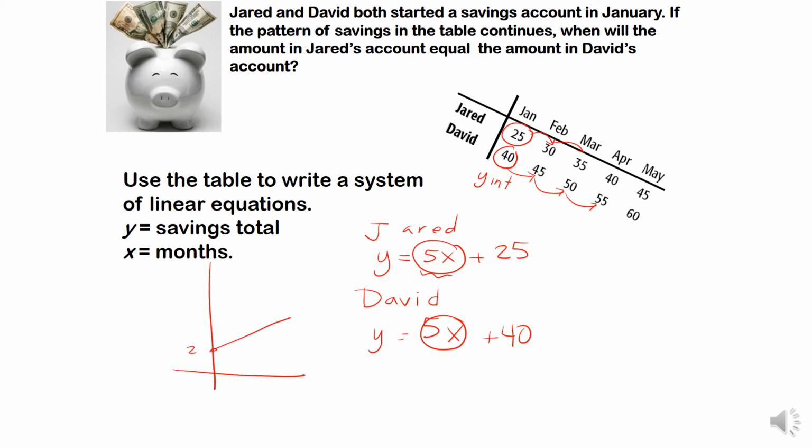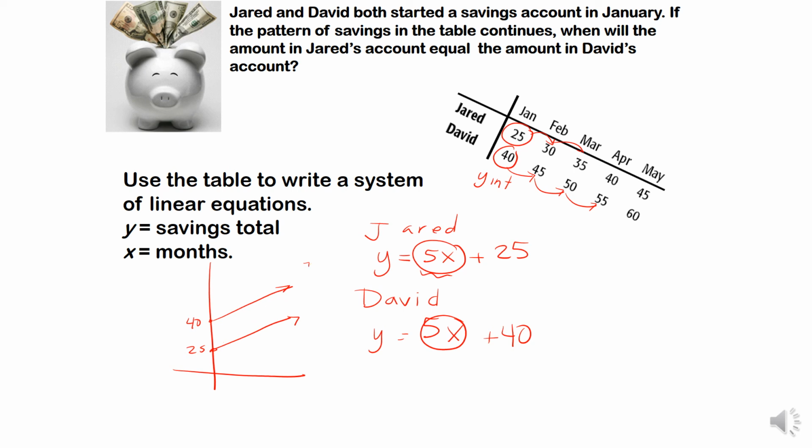Jared starts at 25, David starts at 40, and they are never going to meet because Jared isn't saving enough to catch up. Now, if Jared had 8x, then his graph would look like this, and eventually he would catch up, but it's not. And so he is never going to catch up to David because they are parallel lines.